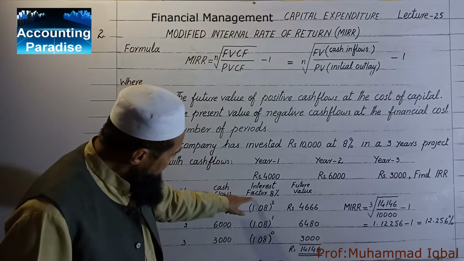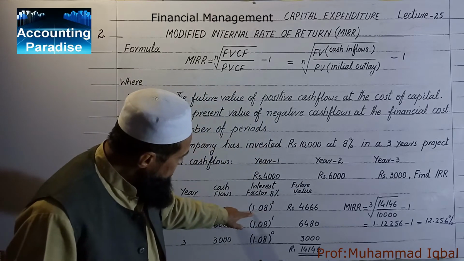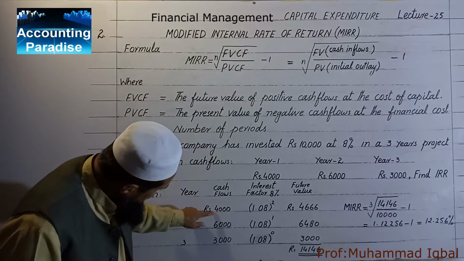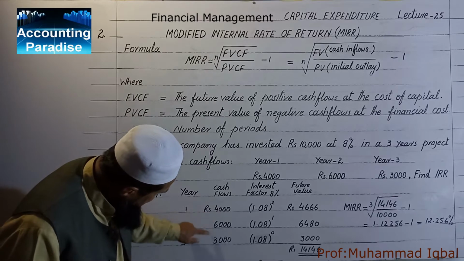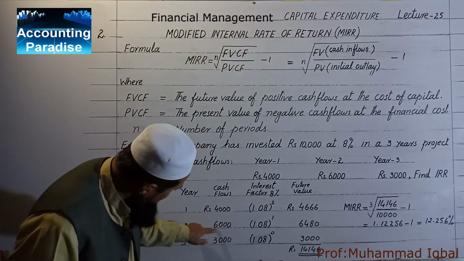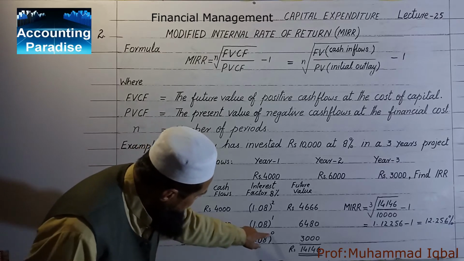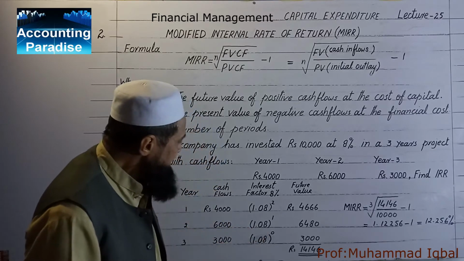So the formula will be at 8%, 1 into 1.08 power 2. Power 2 means this will be compounded for 1 year and 2 years. And this amount will be compounded for 1 year, and this will be the same, as 1.08 power 0 is equal to 1.